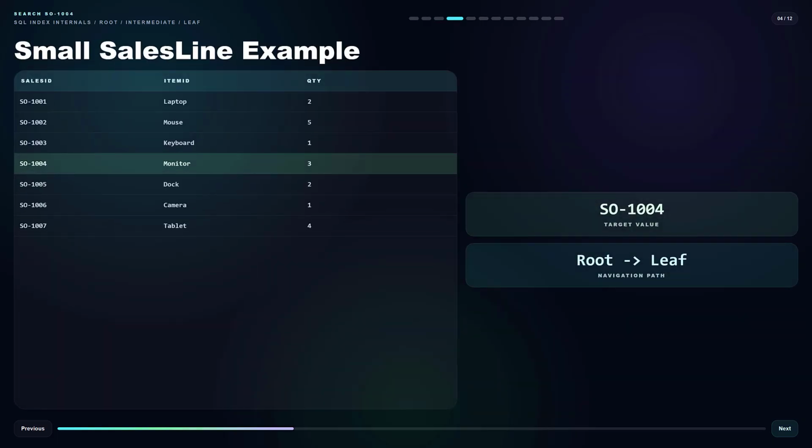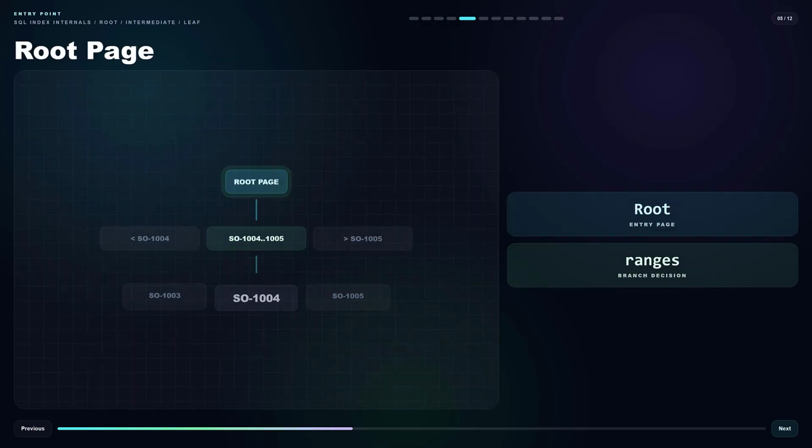Let's understand this using a very small sales line table. Suppose we have sales IDs from SO-1001 to SO-1007. Now imagine we are searching for SO-1004. The first level of the B-tree is called the root page. This is the entry point into the index structure.